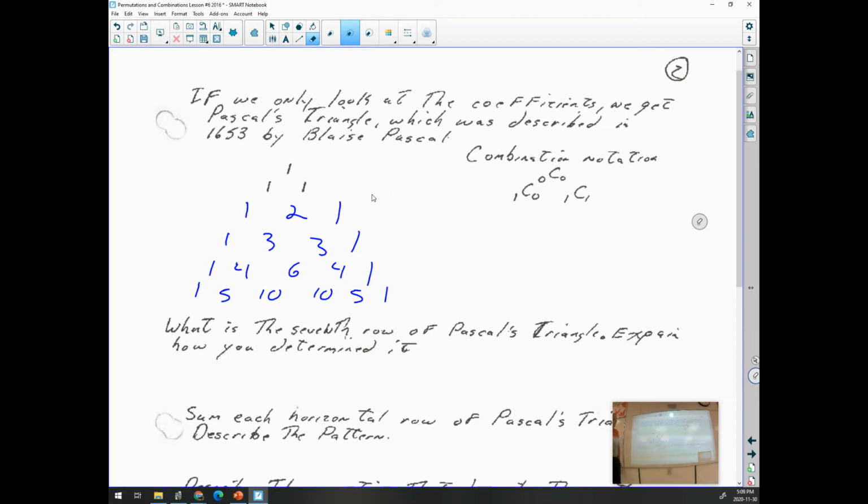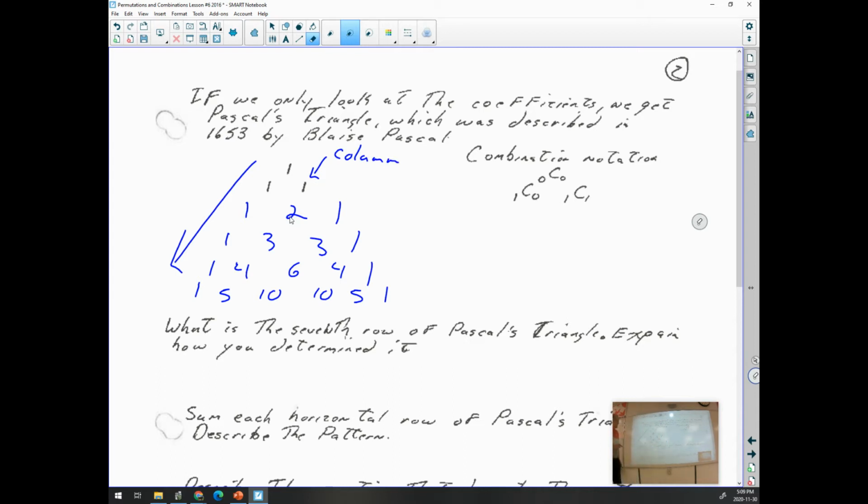You notice what's happening here. We have the ones going down the sides of the triangle and across the row. So this set of ones is called a column. Everything like this, that's a column in Pascal's triangle.